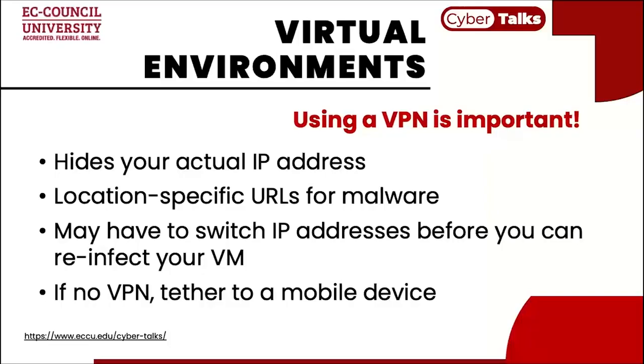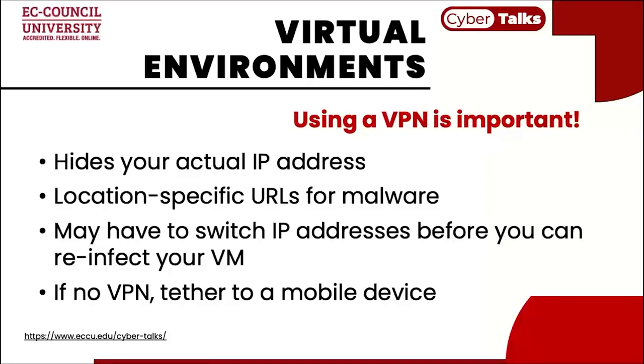I have to switch my IP address before I can get the same traffic that I saw before. So sometimes malware, or the command and control infrastructure that the malware uses, will be wise. They will understand if you're coming from the same IP address over and over again. So you have to change your source IP before you can successfully infect your VM, using a VPN.